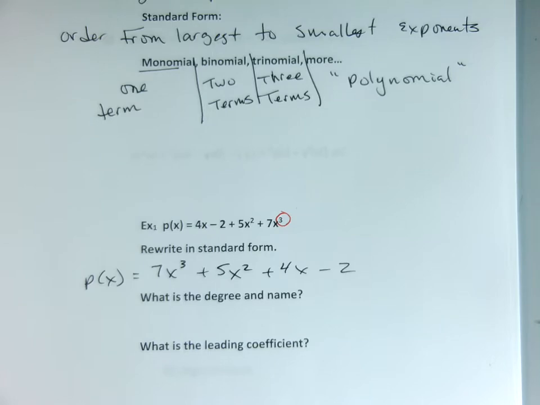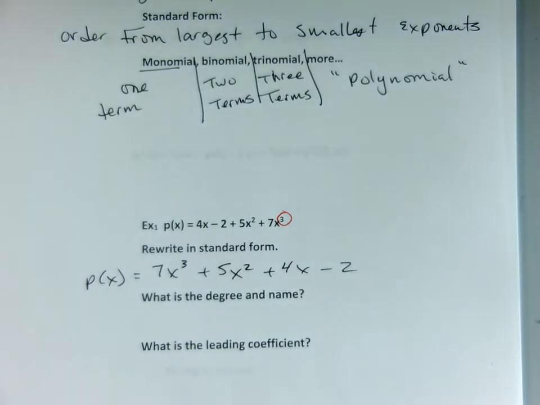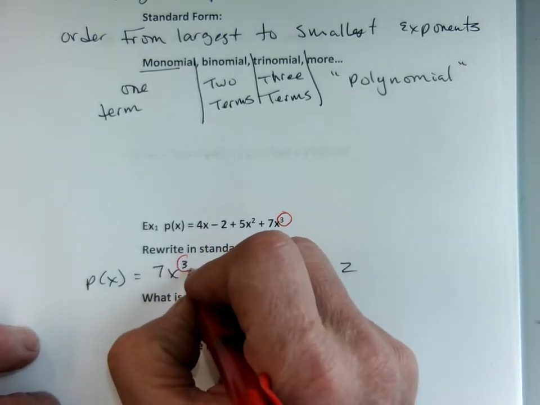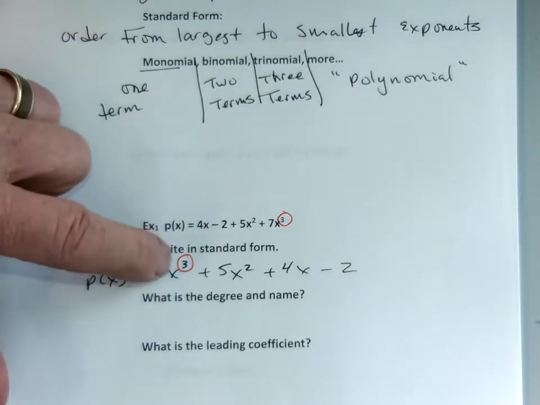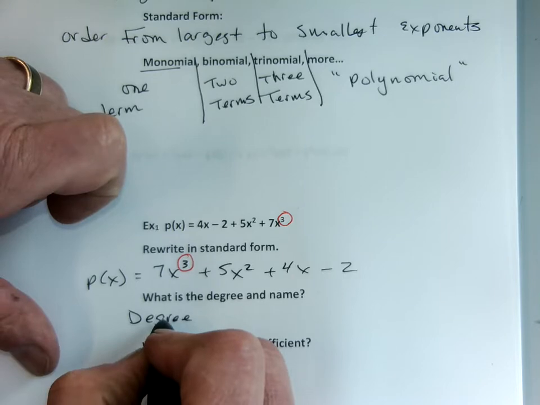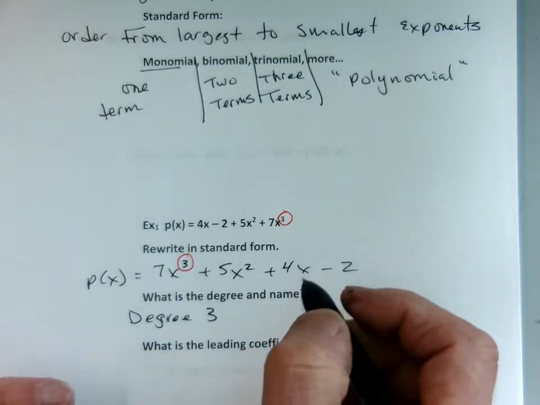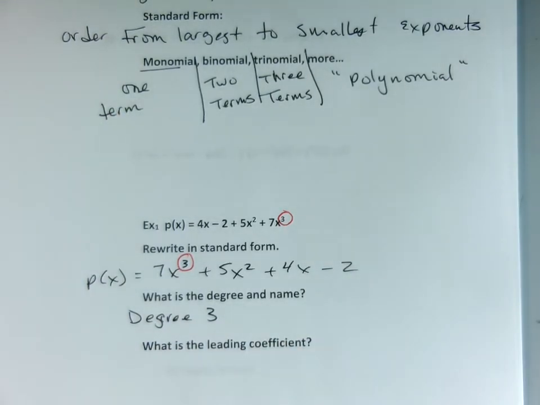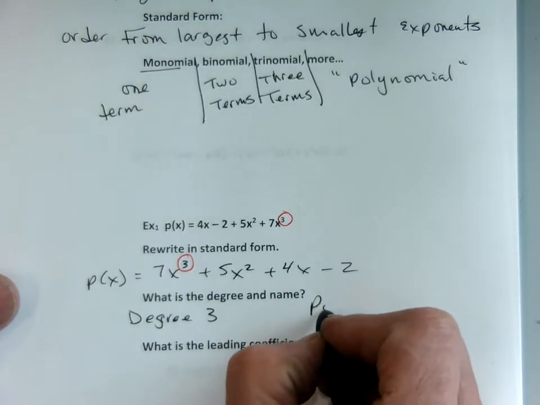What is the degree? Well, the degree is the biggest exponent, so the degree is 3. Now the name, it's not a monomial, binomial, trinomial, but there's more than that, so it's got 4 terms. We're going to call it a polynomial.